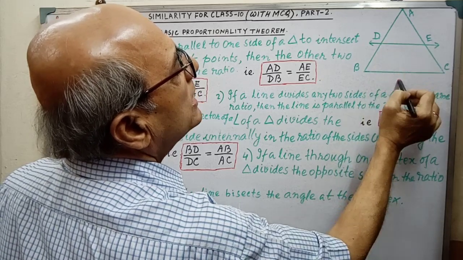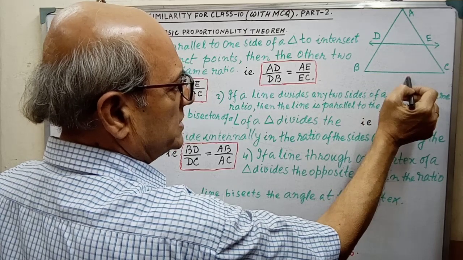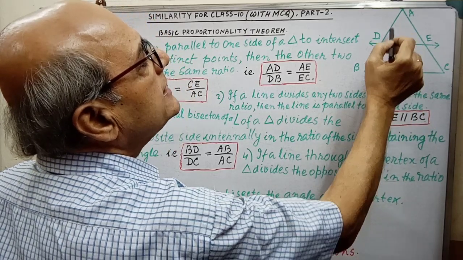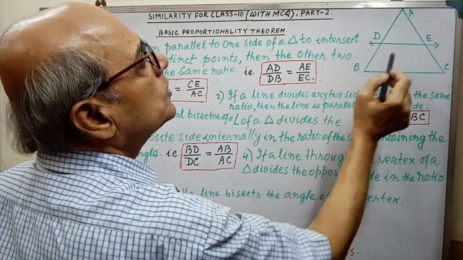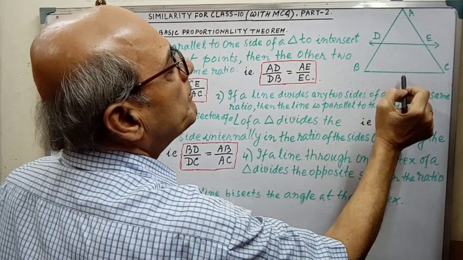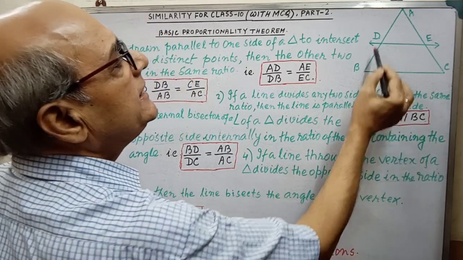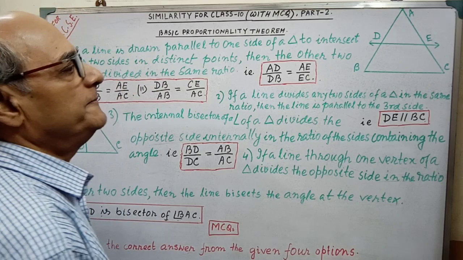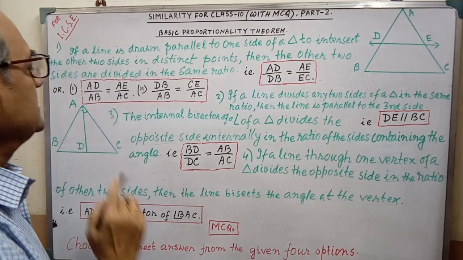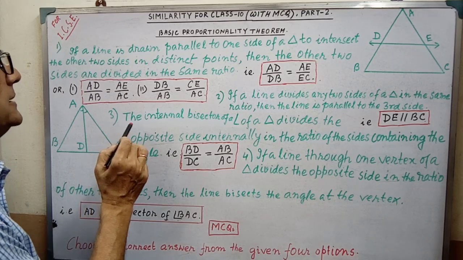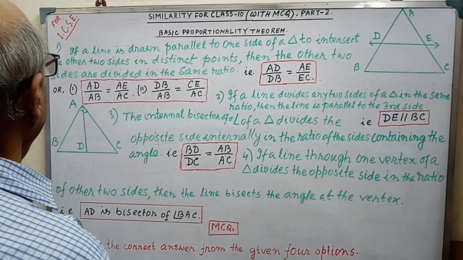In the first case, the line is drawn parallel to the third side, and now the line divides the two sides in the same ratio, then this line will be parallel to the third side. That means DE parallel to BC. 2 theorems. Clear.